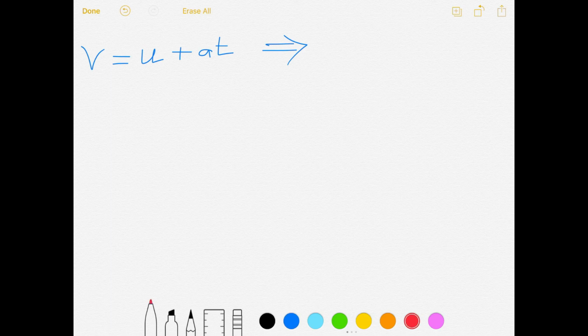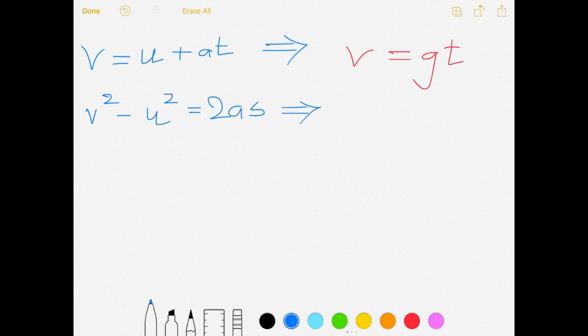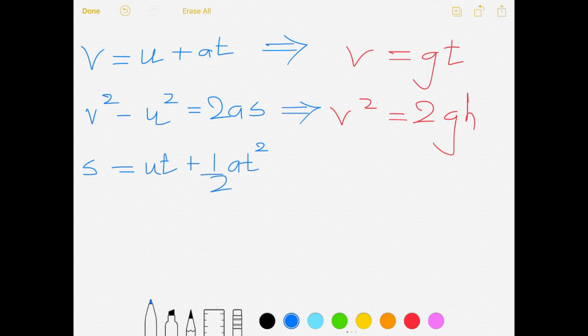The equation becomes v is equal to gt, right? The second equation, v square minus u square is equal to 2as, so that gets modified to v square is equal to 2gh. And the third equation, s is equal to ut plus half at square, that gets modified into h is equal to half gt square.